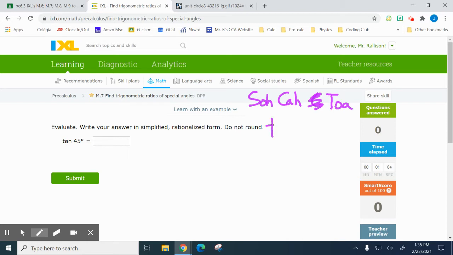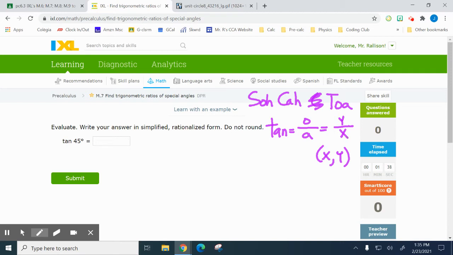Tangent equals opposite over adjacent. The opposite is going to be the y coordinate on the unit circle, right? If you're on a grid or whatever, if you have x comma y, a point for an angle in standard position, then opposite, that's the y coordinate, and the adjacent, that's the x coordinate, right?